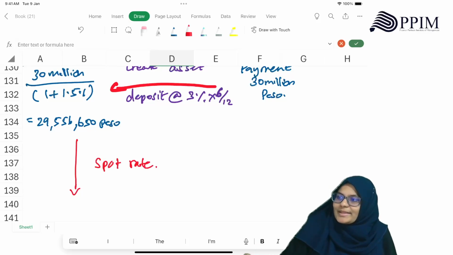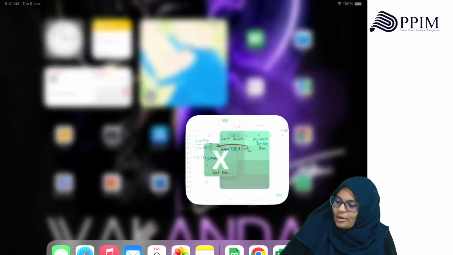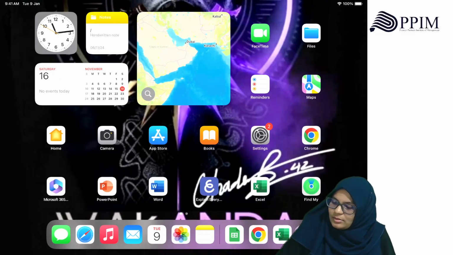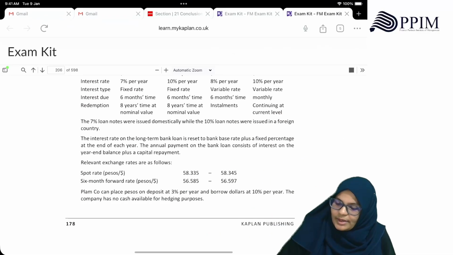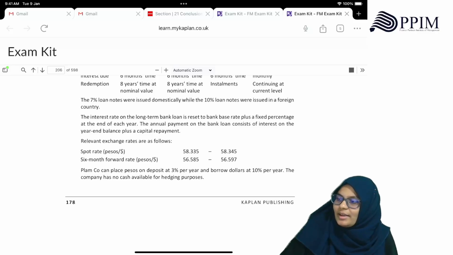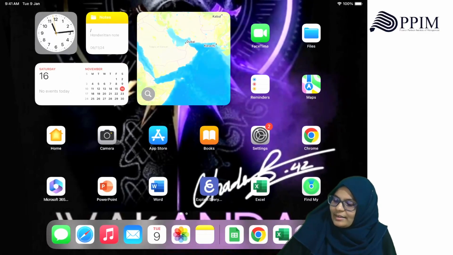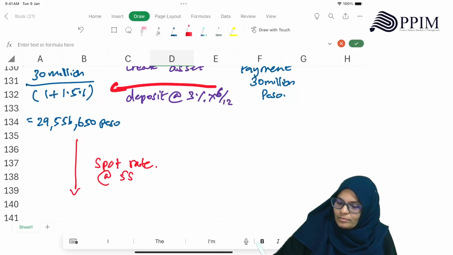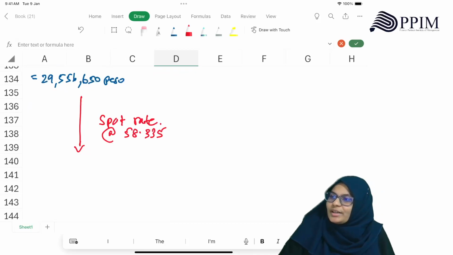In the question they had given me the spot rate already. So let me go there. If you look here, the spot rate is 58.335. So I will take 58.335, and I will convert this peso figure to dollars.